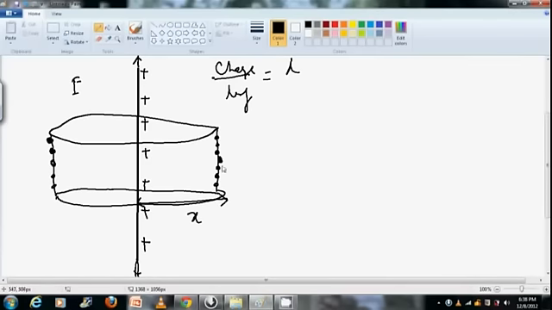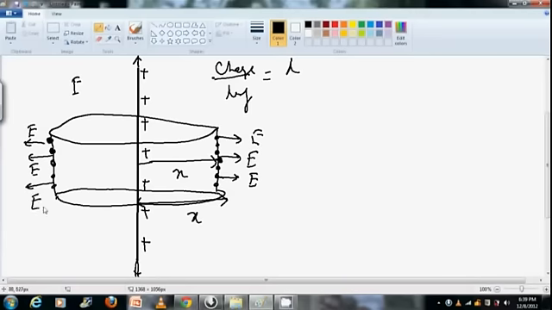On all the surface of the cylinder, all points are at a distance of say r or x, and all points will have the same electric field E. So it is a symmetrical problem now.